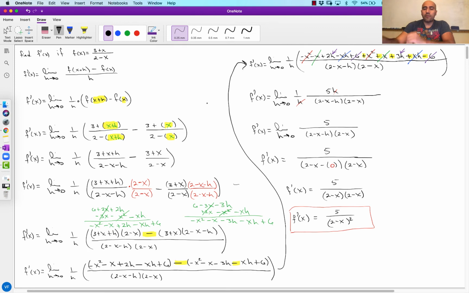Let's think about our domain. Our domain for this function here, well, you can plug in anything you want as long as you don't accidentally divide by 0. So positive 2 is the only problem, right? So the domain of our original function is going to be all real numbers except 2.